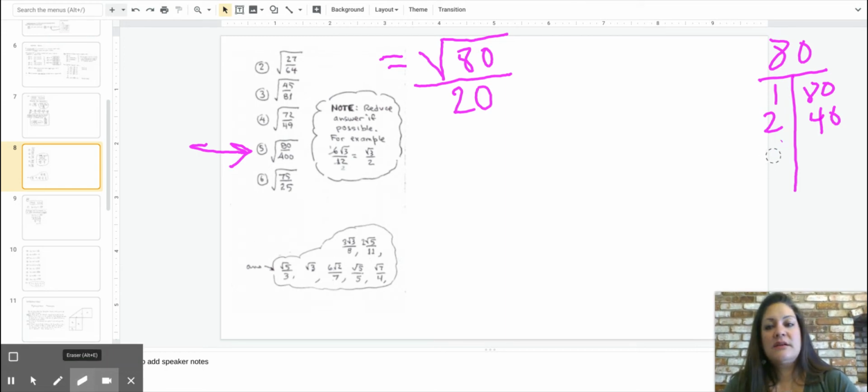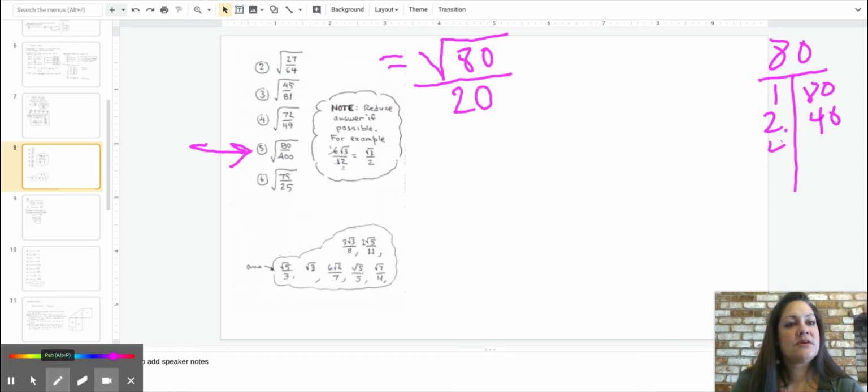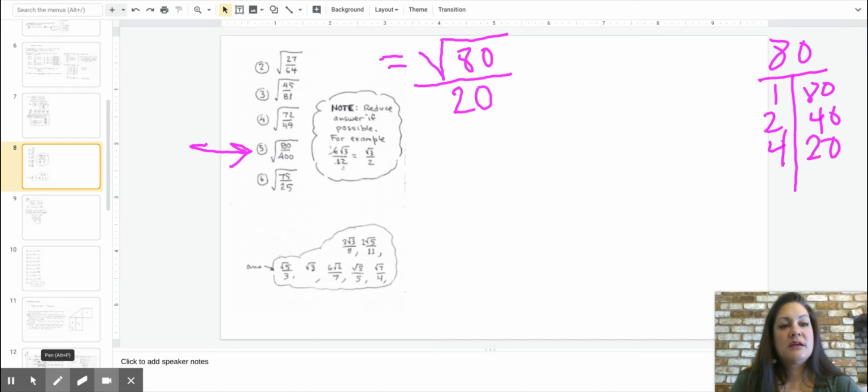All right. 4 goes in there 4 times 20. Okay. 5. 5 times 16. There we are. Because my next one, 6, that would be 8. Yeah, 8. All right.